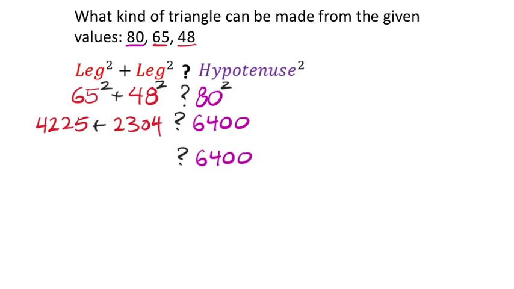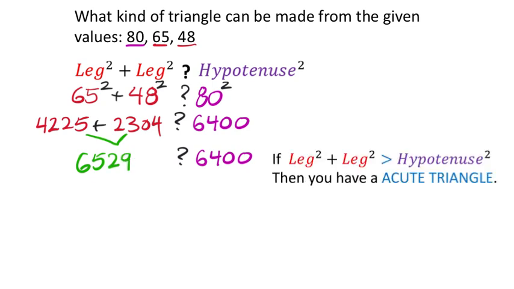So let's go ahead and combine these together. We've got 2,304 plus 4,225. Enter, and I get 6,529. Now what I'm seeing from a few slides back is that I've got the sum of the squares of the legs. This number is going to be bigger, so I don't really need that question mark in there.